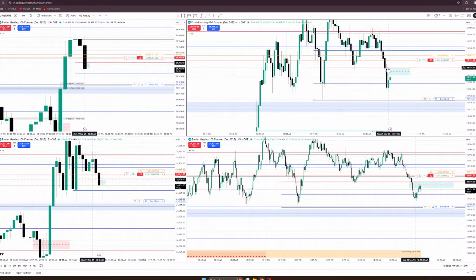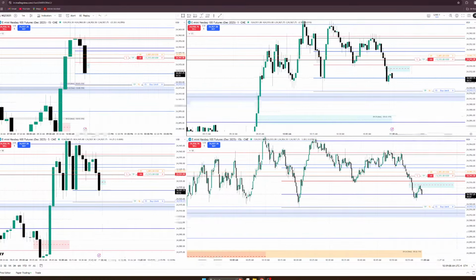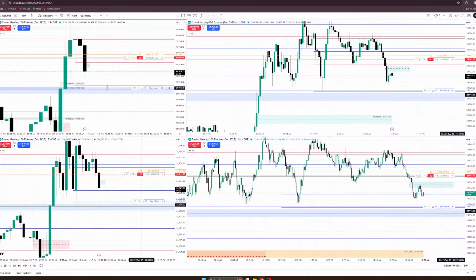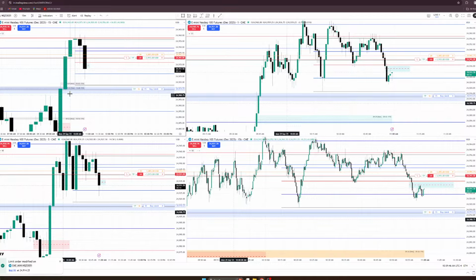So we want to see price remain below this bearish fair value gap, guys. I'm just putting my take profit below this candle's low.